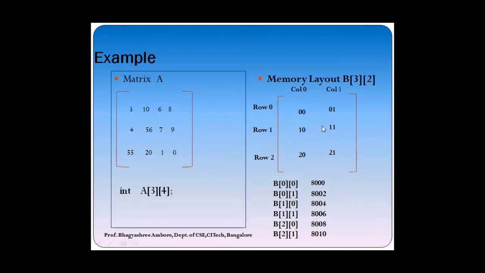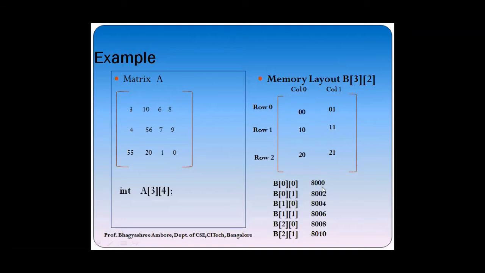Then first row, first column, at 8006. Then we have second row, 0th column, at 8008. It is nothing but assigning the values row by row.